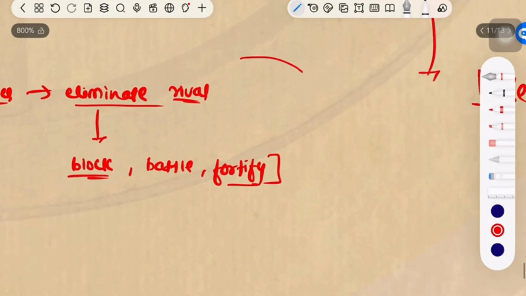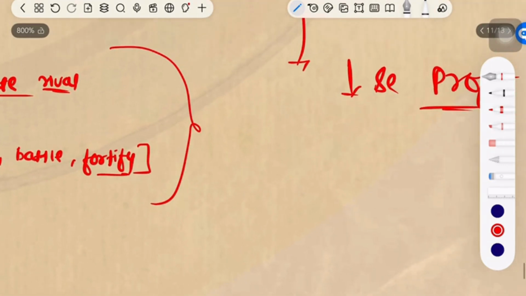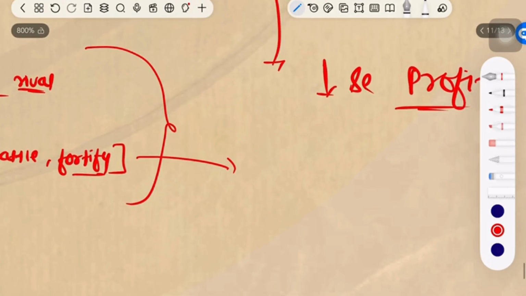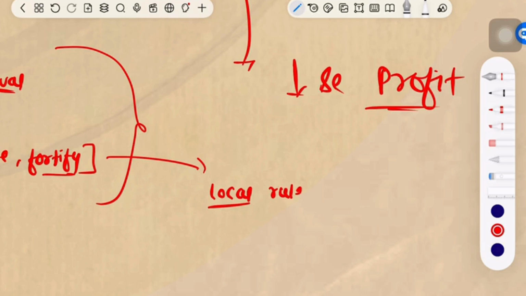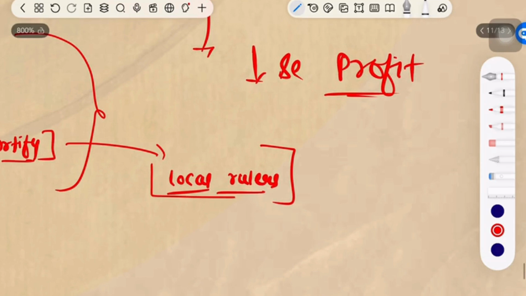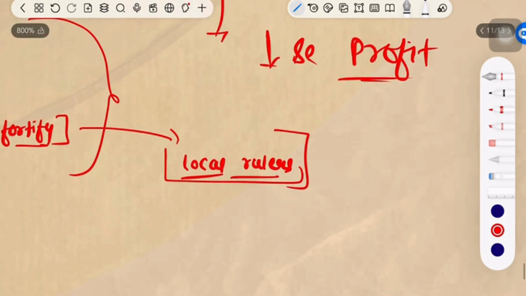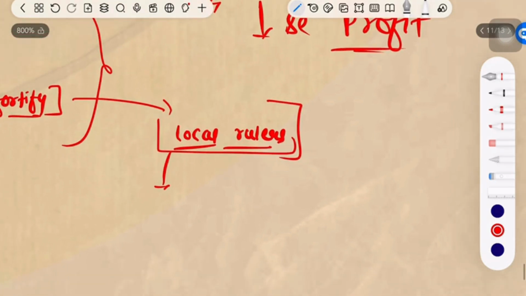So in this whole process, they forgot that whatever they are doing is in a foreign land. So it also impacted the local rulers or local traders. Why? Because it is challenging their interest. So they also got angry. Then they also got involved in these battles and wars.